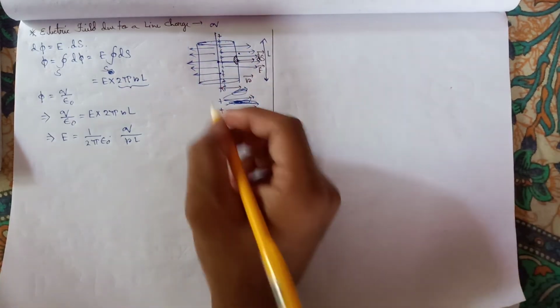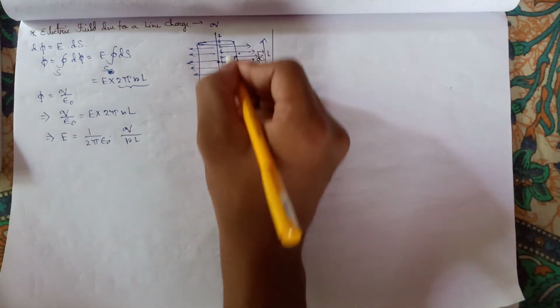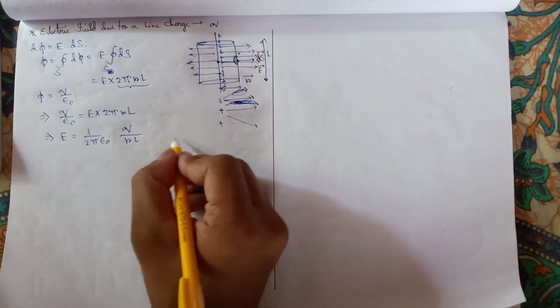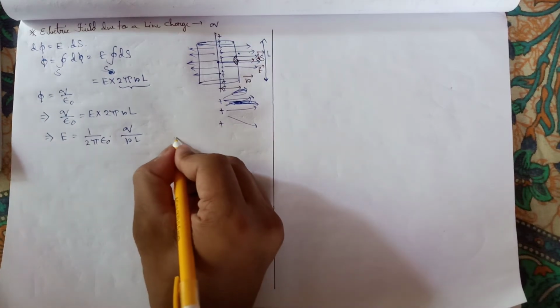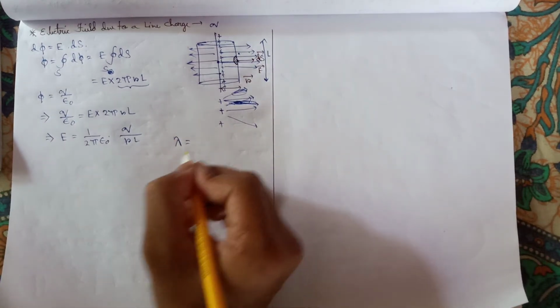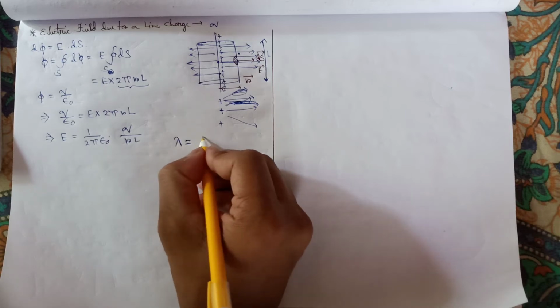So we can take the charge density. Here it is a line charge, so we take the linear charge density, defined as lambda, which is the charge per unit length.